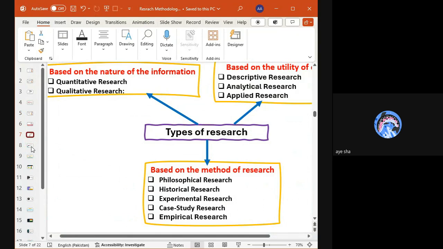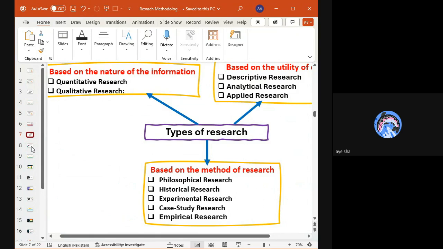So now I was discussing the types of research. The most common types that you always hear about are quantitative and qualitative research, right? These are categorized on the basis of the nature of the information.